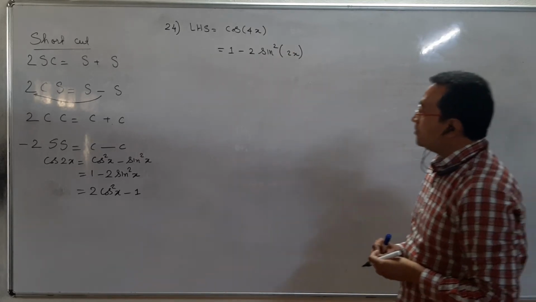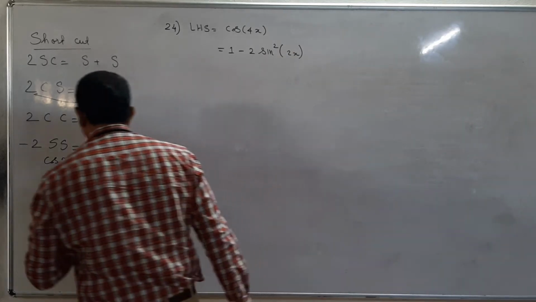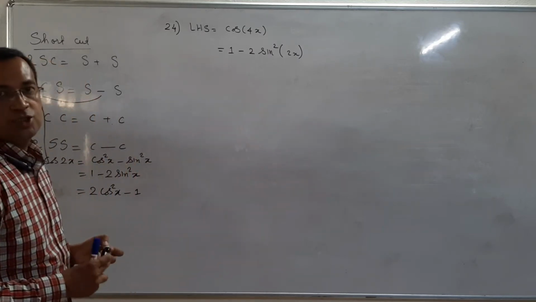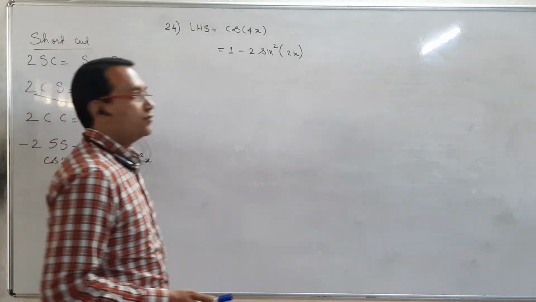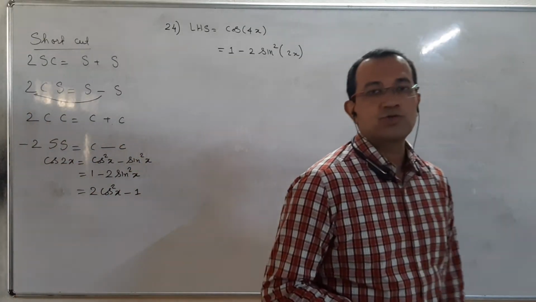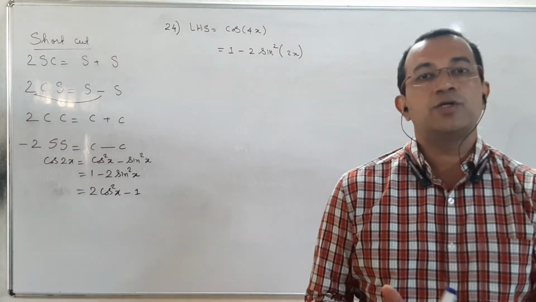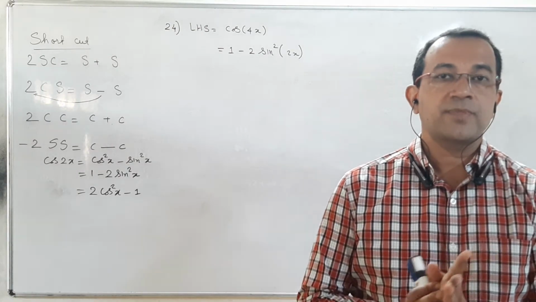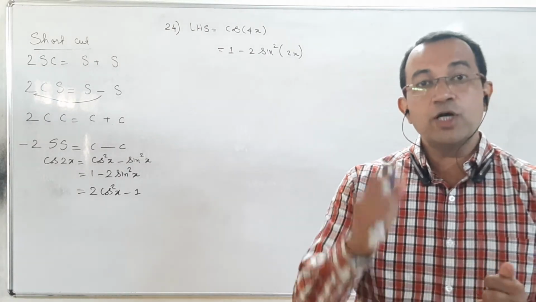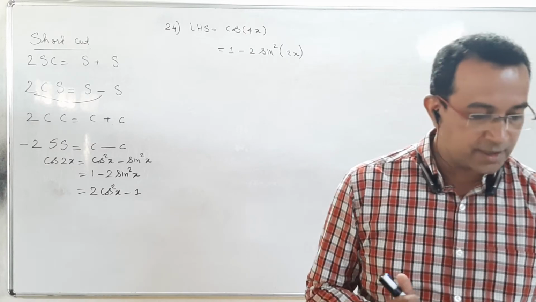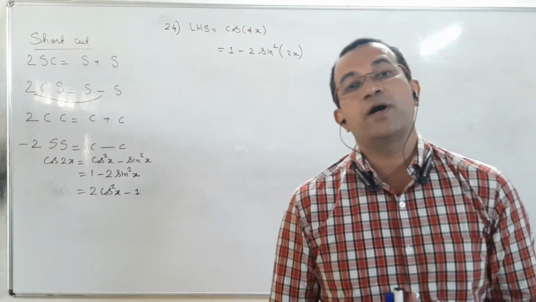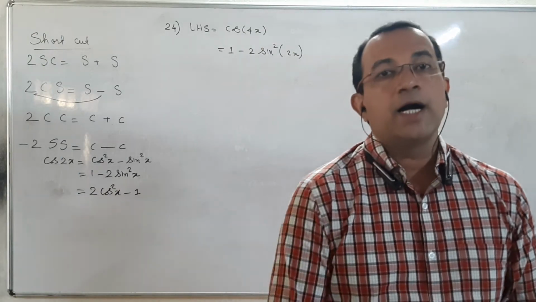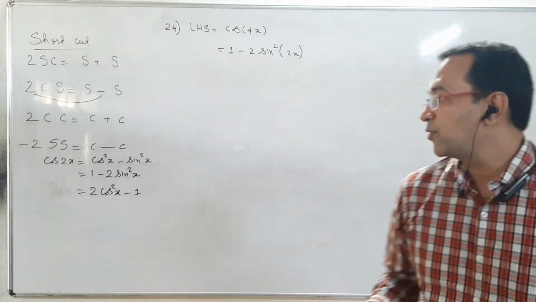Why am I tempted to apply this formula? The logic is very simple. In the answer, we want 1 minus, I mean to say 1 minus 8 sin square x cos square x. So 1 is required. So I am tempted to apply this formula.